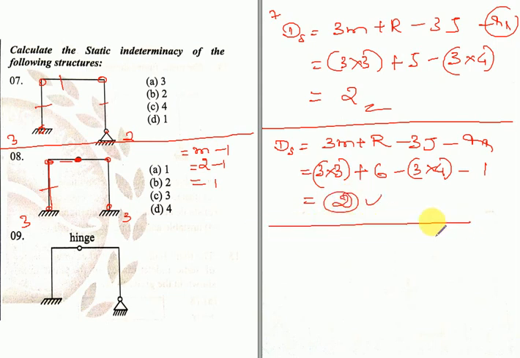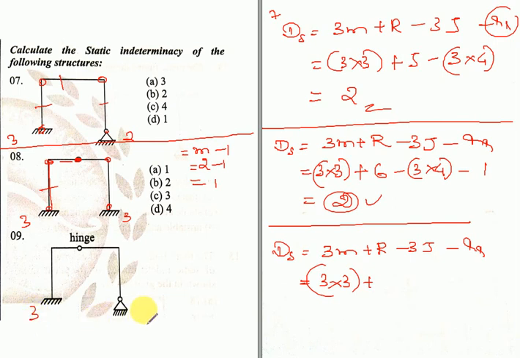See how simple it is. Then coming to the 9th question, same, you need to find with DS is equal to 3m plus R minus 3j minus RR. For cross checking you can follow the other step which I had explained, which is 3 into total number of members, 1, 2, 3, 3 members. What is the total number of reactions?